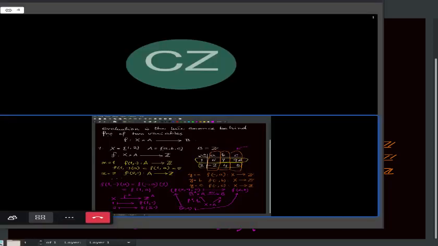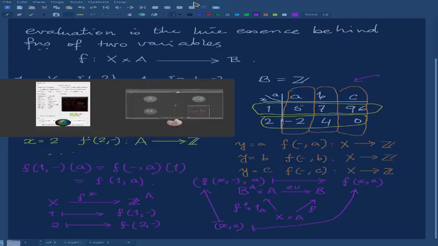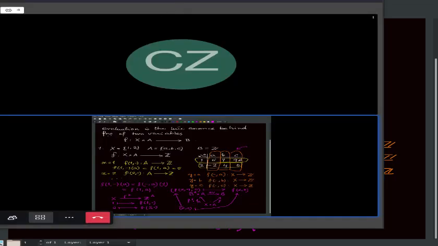Theorem 5.9. Given any function from X times A to Z, there exists a unique function. Oh, sorry, in my notes I have made this f.